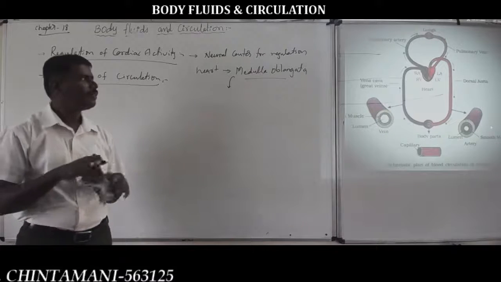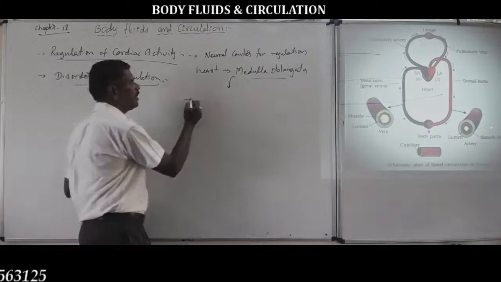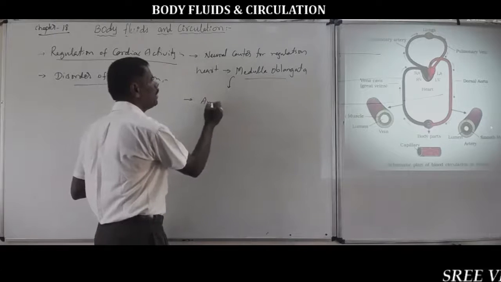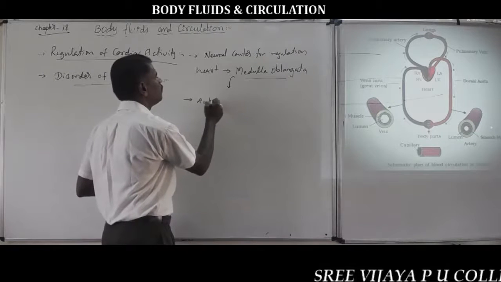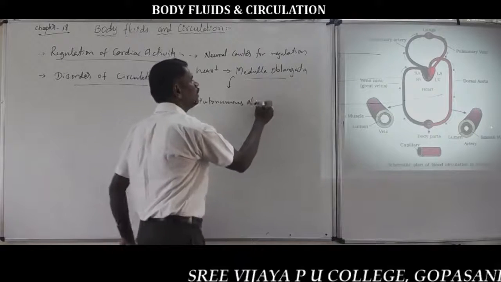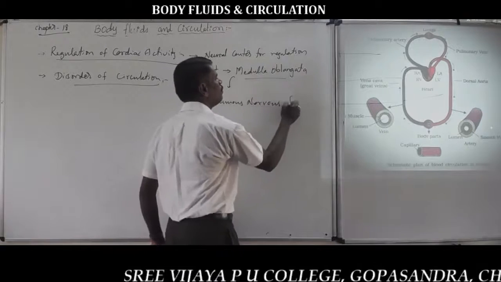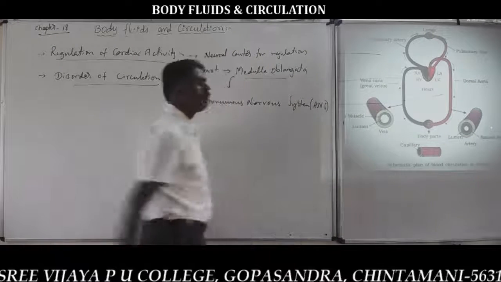The medulla oblongata sends the signals through the nerves of the autonomous nervous system, that is ANS.